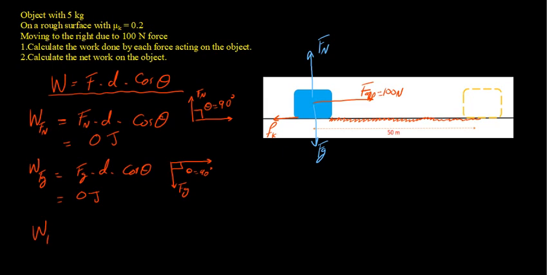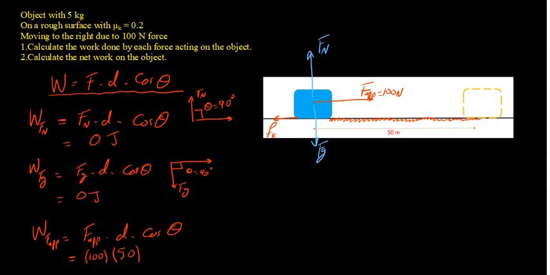Okay, let's move to the next part, which is the applied force. The work done by the applied force will be the applied force times the distance times cosine theta, and if we do the math, I have 100 and the distance is 50.